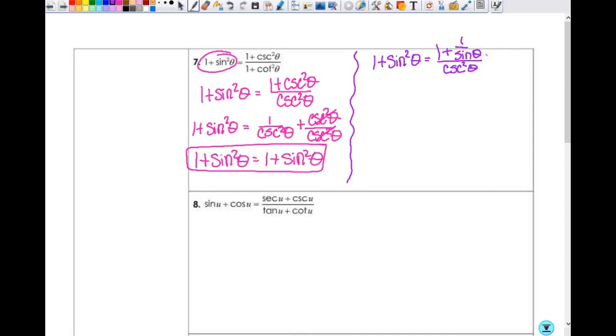There's nothing wrong with that. Then I've got 1 plus sine squared theta equals, well, this would really be 1 plus 1 over sine theta over 1 over sine squared theta. Would you agree with that?